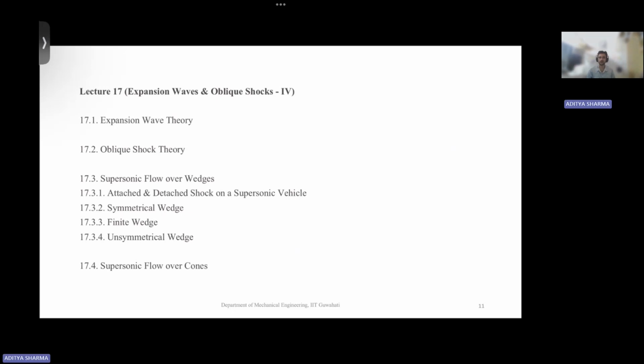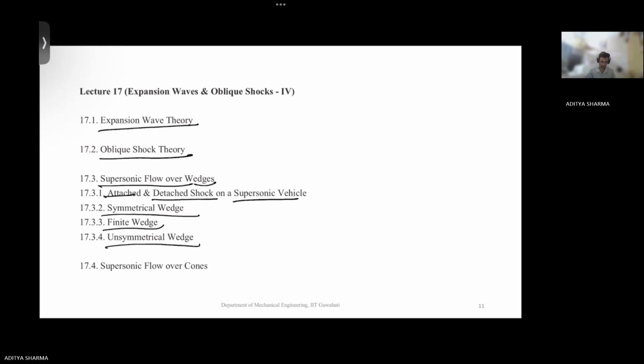Then lecture number 17 is there. So the topics of lecture number 17 we'll discuss one by one. So first we have expansion wave theory, oblique shock theory, and supersonic flow over wedges, attached and detached shock on a supersonic symmetrical wedge, finite wedge, unsymmetrical wedge, supersonic flow with bodies.